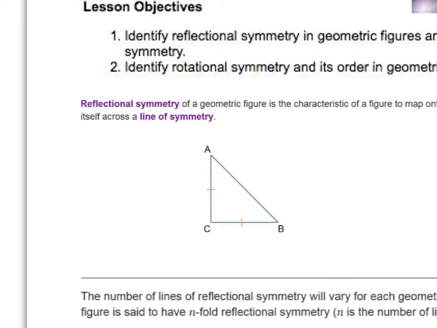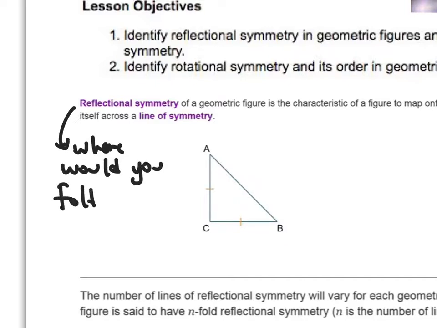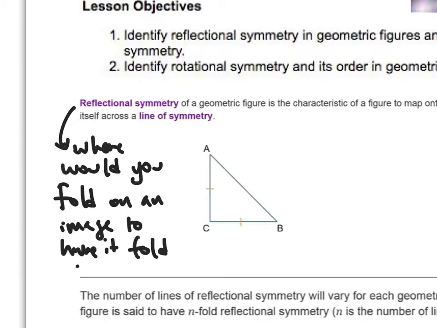Reflectional symmetry means, and here's how I like to put it, I like to ask the question: where would you fold on an image to have it fold onto itself?